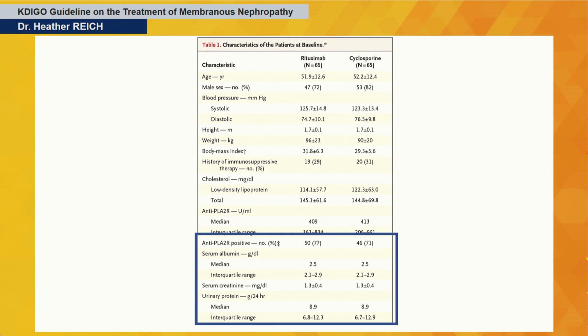Patients included in this study had quite a high anti-PLA2R positive titer, although a different assay was used. Serum albumin was low, urinary protein was 9 grams per day, so really this was actually quite a high risk population at the time of randomization.